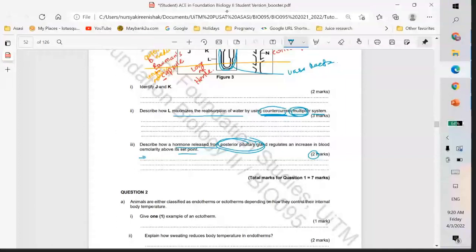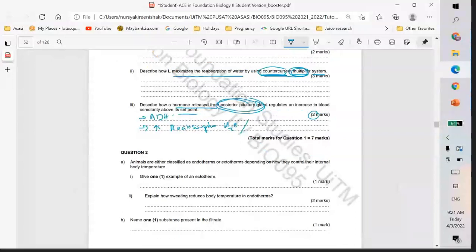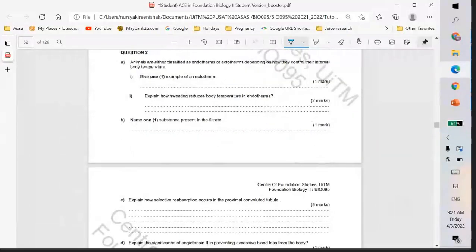Okay, ADH hormone secreted from the posterior pituitary gland causes the increase in the reabsorption of water, or increases the permeability of the collecting duct, and also actually the distal tubule towards water reabsorption due to the addition of more aquaporins. Okay, faham? Boleh Adli? Boleh, madam. Okay, so thank you.